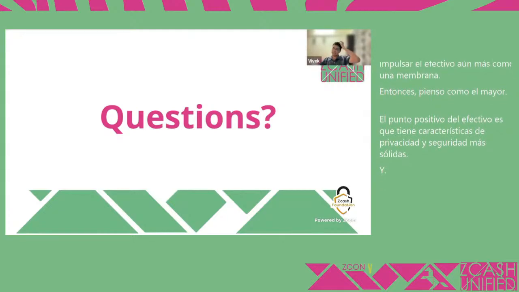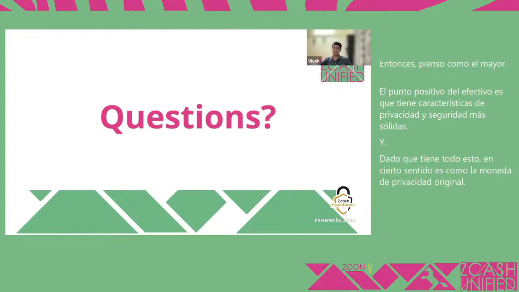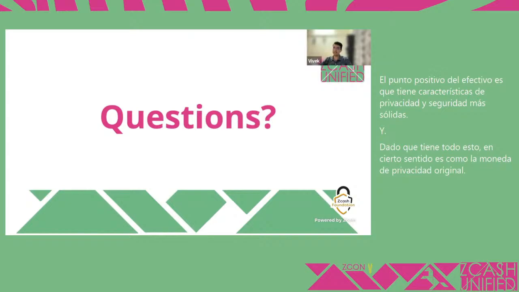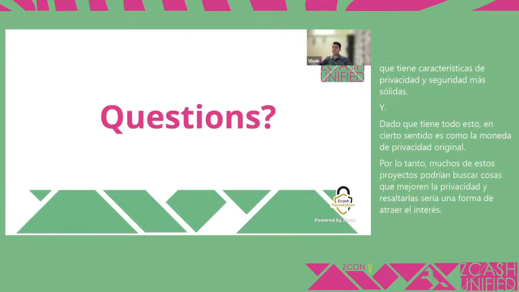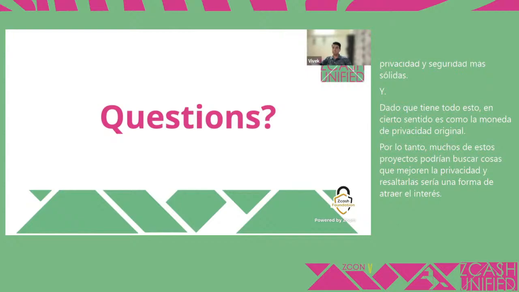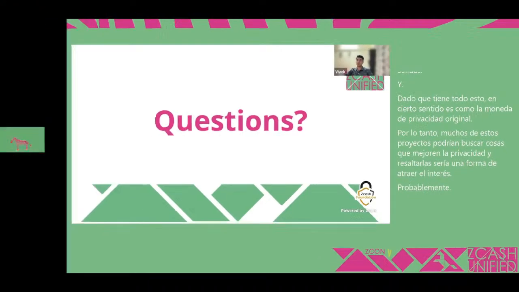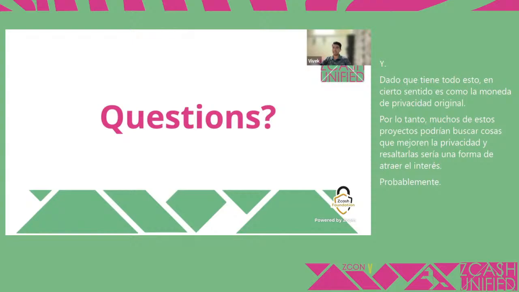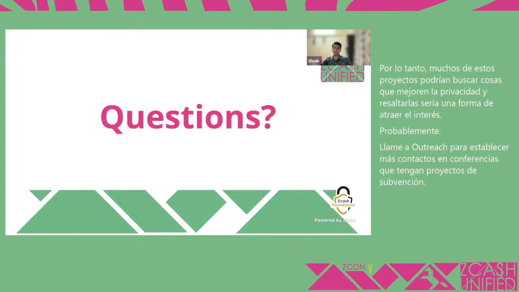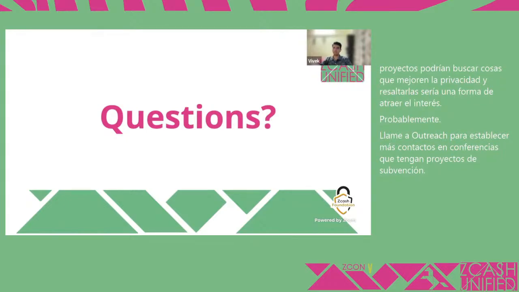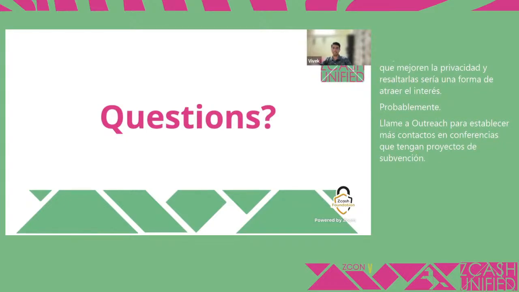So a lot of these projects might be looking for things that enhance privacy, and highlighting that would be one way to draw interest. Probably more outreach, more networking at conferences, having grant projects available to do things like building bridges to these different networks. Those could open doors to more collaboration.